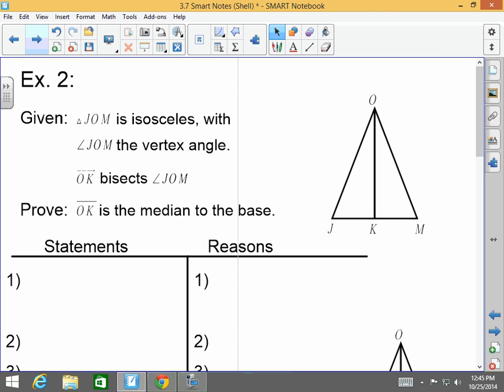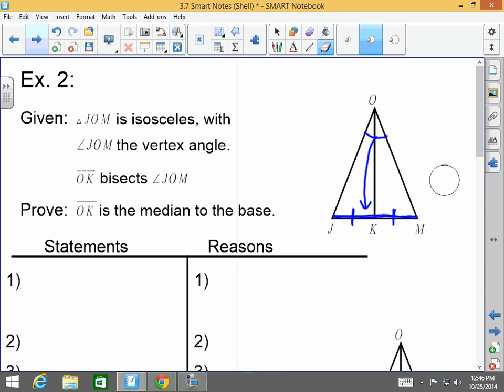I want to prove that segment OK is the median to the base. And remember, if JOM is the vertex, the base is always opposite the vertex, so the base here is JM. So I'm trying to prove that OK is the median to base JM. So that means we're going to have to prove somehow that JK is congruent to KM.